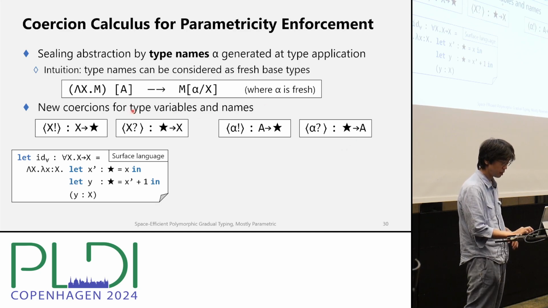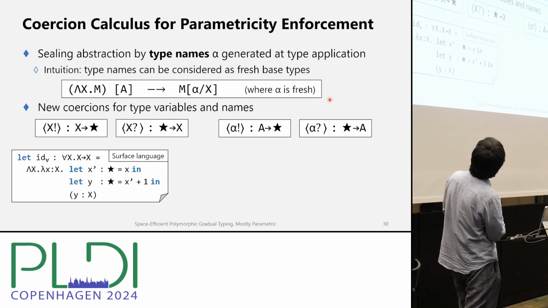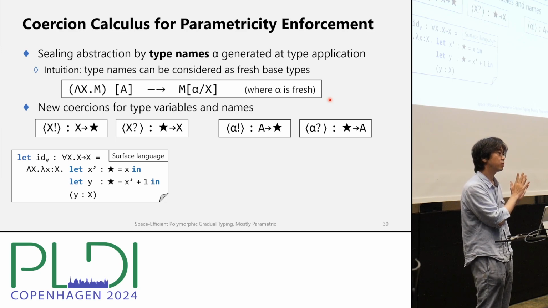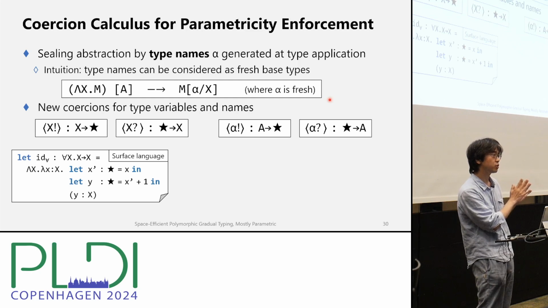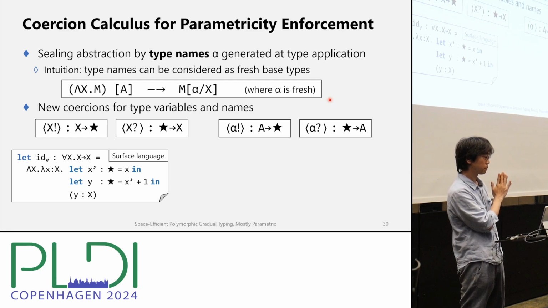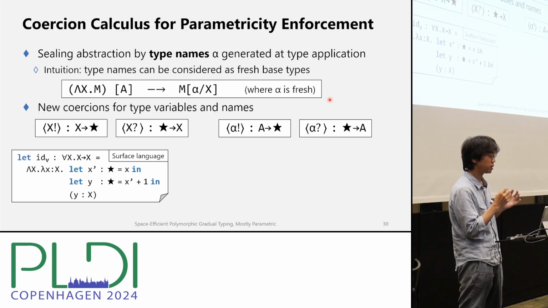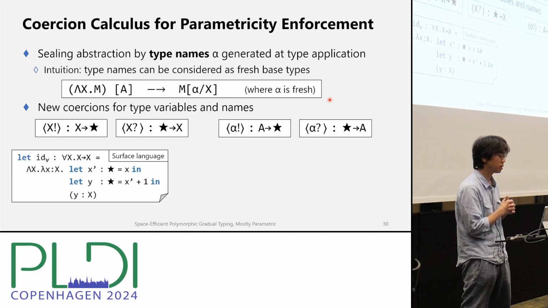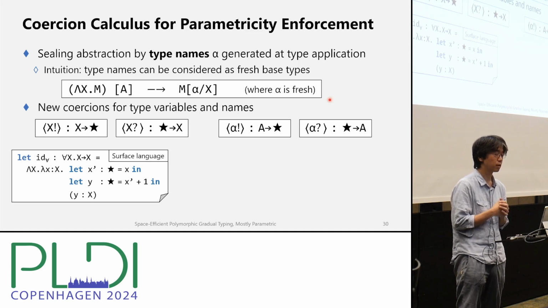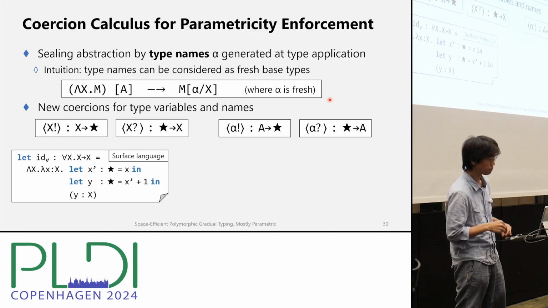And this is the evaluation rule in our calculus for type applications here. To evaluate this type application, first a fresh type name alpha is generated, and then the bound type variable X is replaced by alpha. One intuition to understand this rule is that type names can be considered as fresh base types. And type application generates a fresh base type alpha.